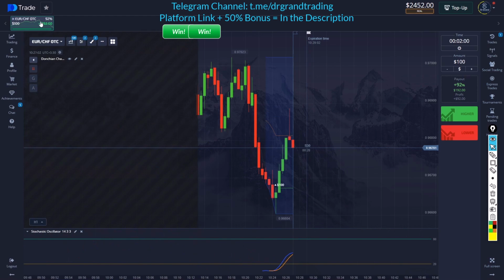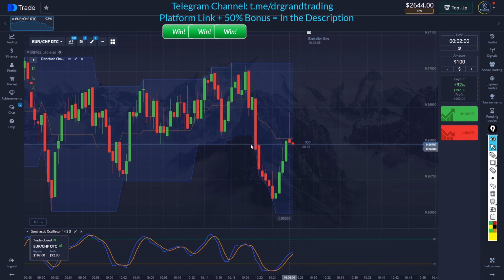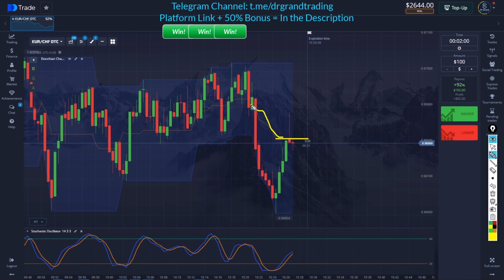So yeah, this was the next trade, and as you can see, this middle line usually acts like a dynamic resistance. For example, we have this strong support here broken, and then we have a combination of this broken support turning to resistance, and also this middle line of this indicator, strong rejection from here.